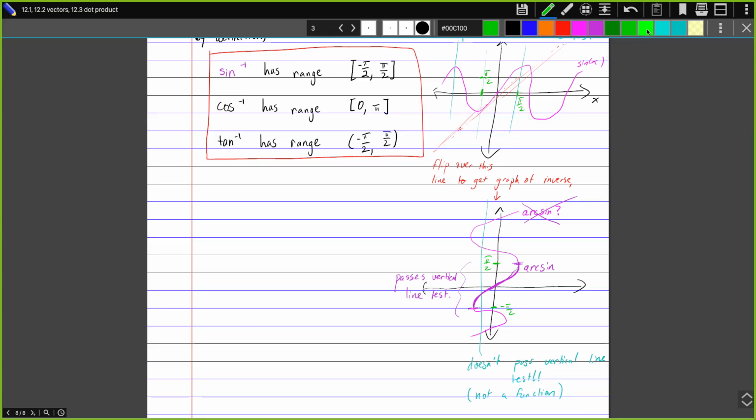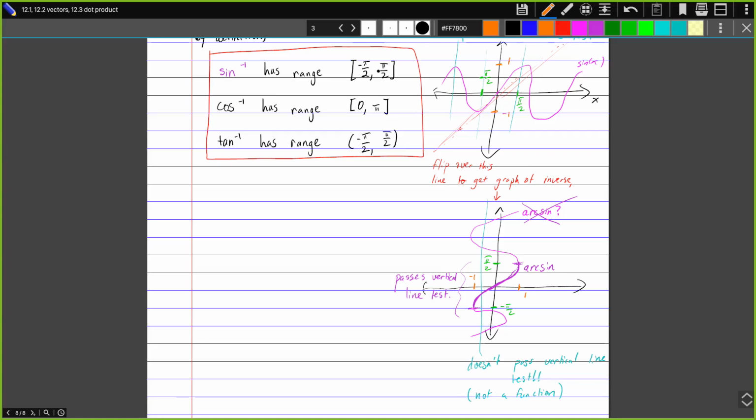And I had the value 1 up here and minus 1 down here. So now that becomes minus 1 out here and 1 up here. So now this is what the arcsine looks like. So the domain is between minus 1 and 1, and the range is between minus pi over 2 and pi over 2.